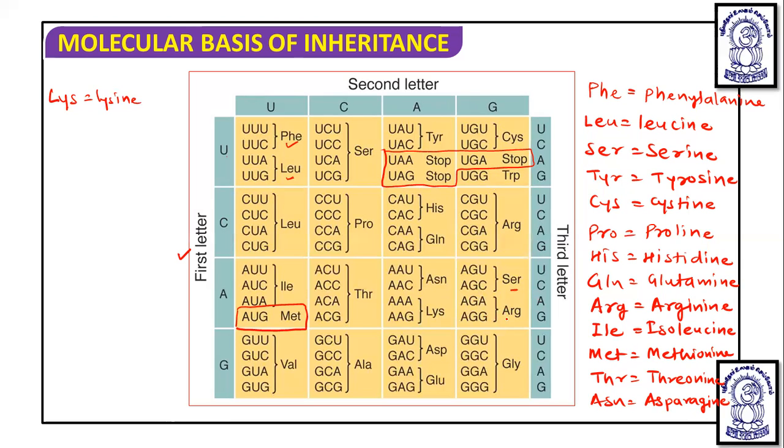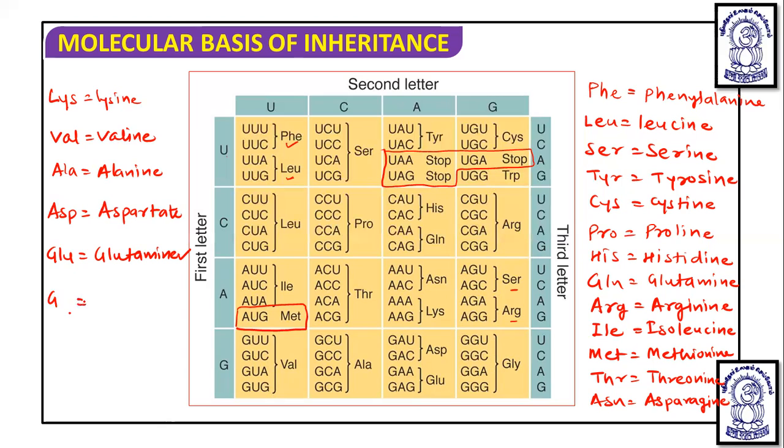Then SER serine, ARG arginine, which we have written already. Then VAL stands for valine. ALA stands for alanine. ASP stands for aspartate, and GLU stands for glutamate. Then GLY stands for glycine.